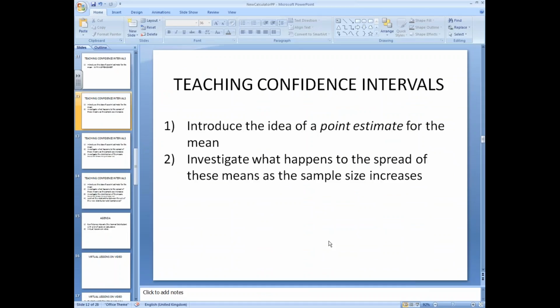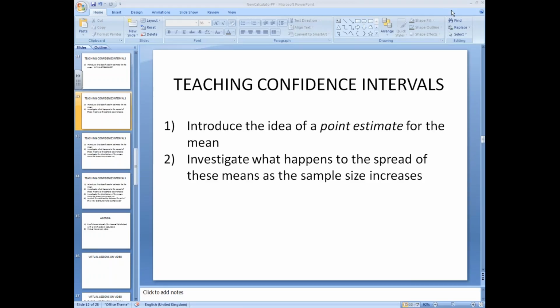So that's the next big idea. What happens to the spread of these means as the sample size increases? It gets smaller.